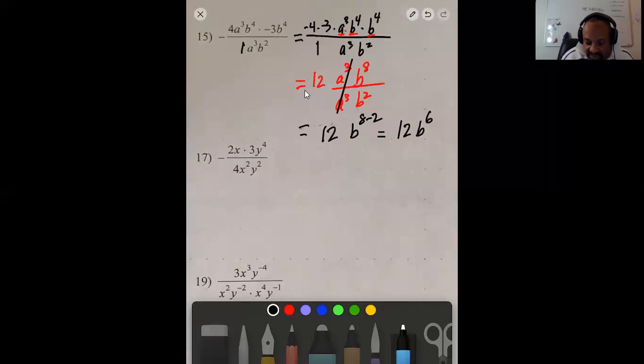So that's our final answer. The a's canceled out, so they're gone, and all we're focused on is the b's. We've got 8 b's up top, 2 on the bottom, so we're going to have 6 overall. And I took a negative 4 times a negative 3, multiplied those together to get a positive 12, and that's my answer.